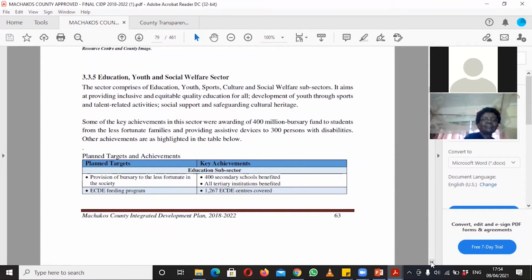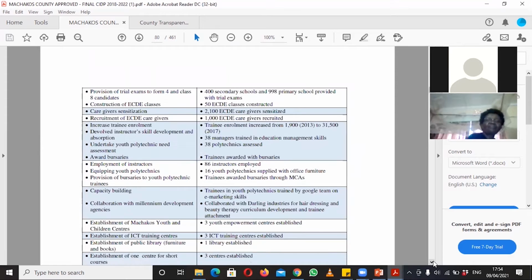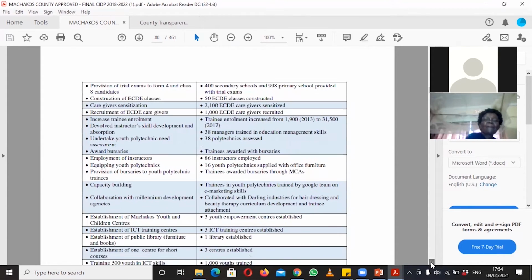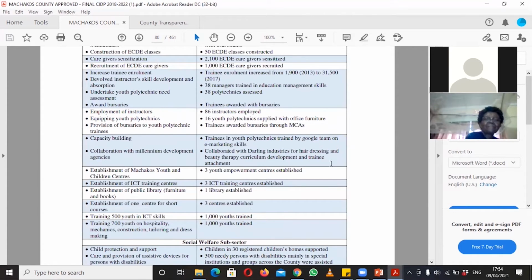But it would have been good if there is a way that they can tell us in detail where they were established. You see, like establishment of ICT training center. They are saying 3 ICT training centers established, but where? It would have been nice if they had told us where they are established, so that we can even follow up.